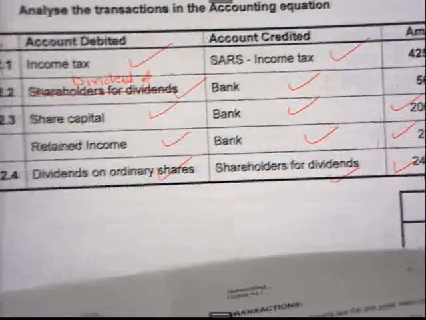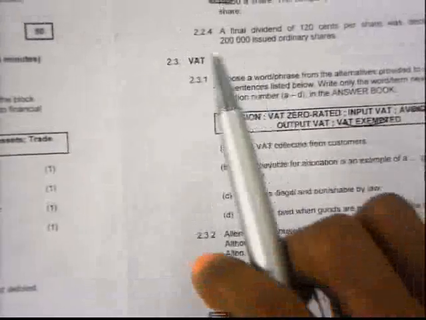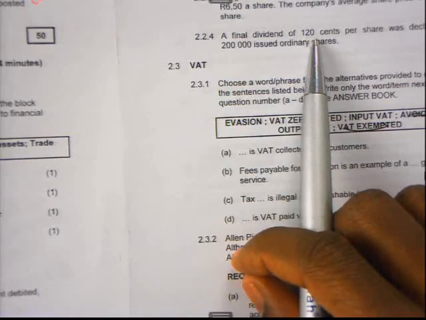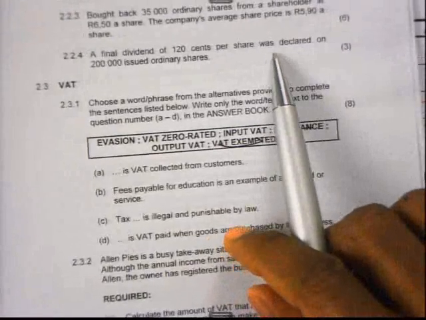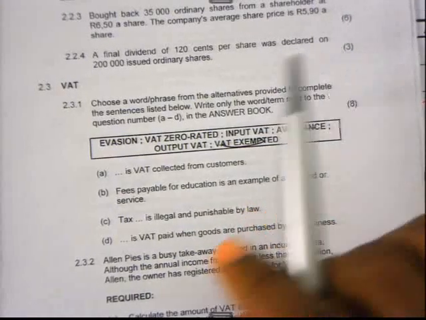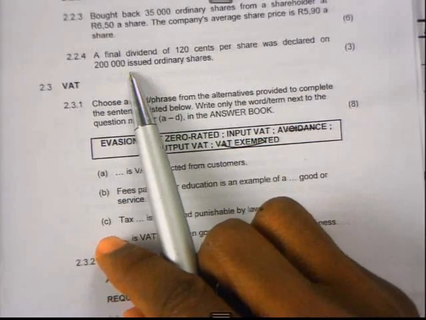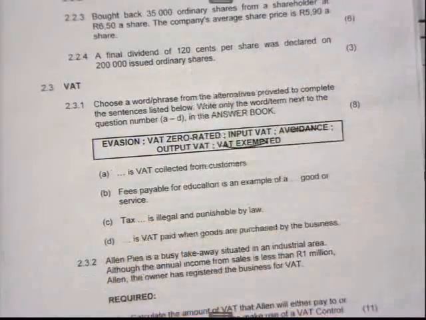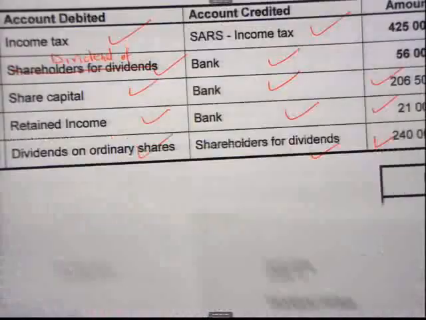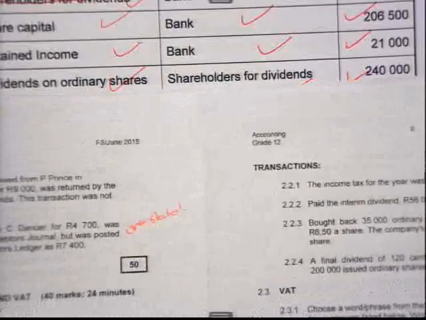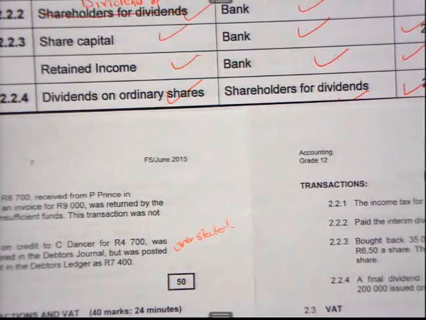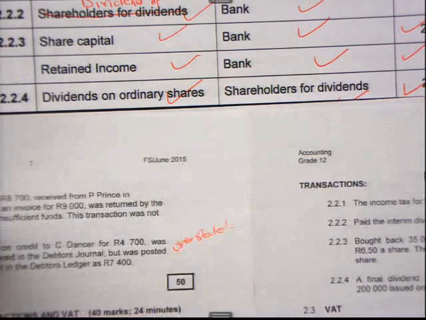Okay? Right? Then 2.2.4, a final dividend of 120 cents per share was declared on 200,000 issued ordinary shares. So here dividends are declared. What are our 2 accounts there? Number 1, you will debit dividends on ordinary shares, and then you'll credit shareholders for dividends.